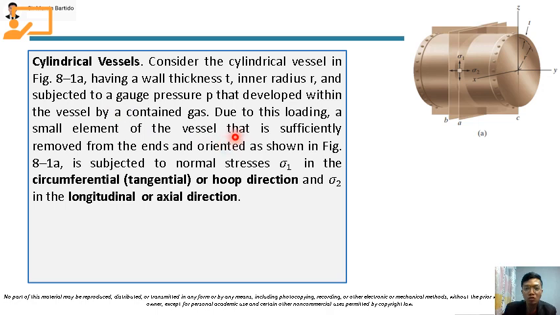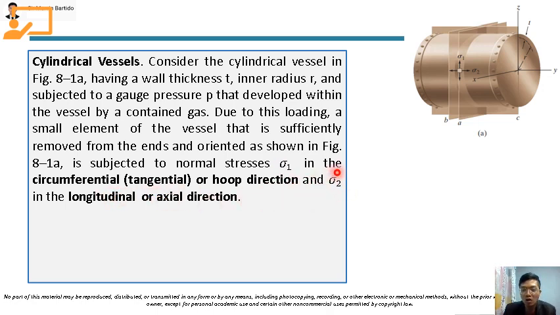Due to this loading, a small element of the vessel that is sufficiently removed from the ends and oriented as shown in figure 8.1a is subjected to normal stress sigma 1 in the circumferential or tangential or hoop direction, and then sigma 2 in the longitudinal or axial direction.